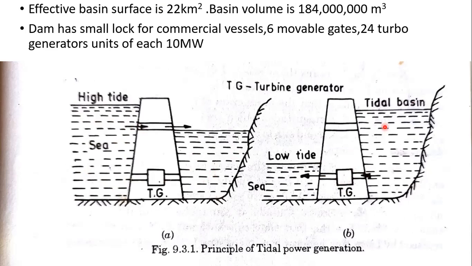This is the tidal basin here. These are termed as low and these are termed as high. We are using the low tides and the high tides. High tides are also used and low tides are also used. For either direction, the turbine generator will be working.